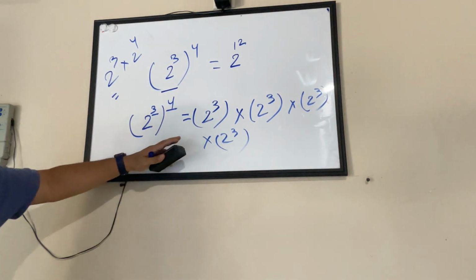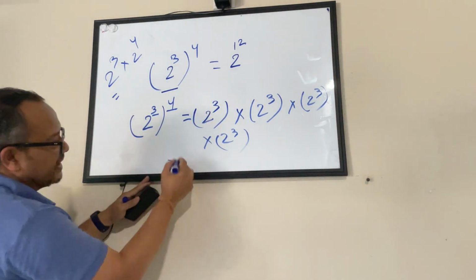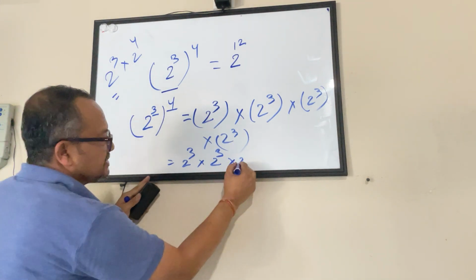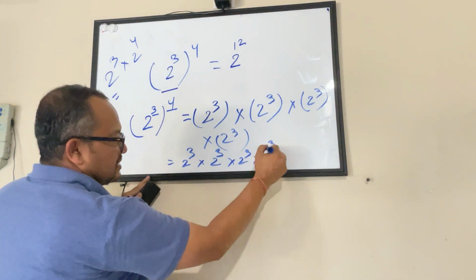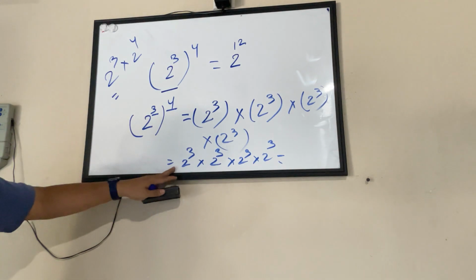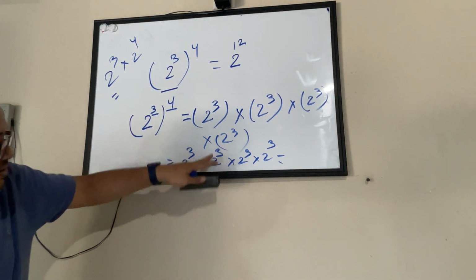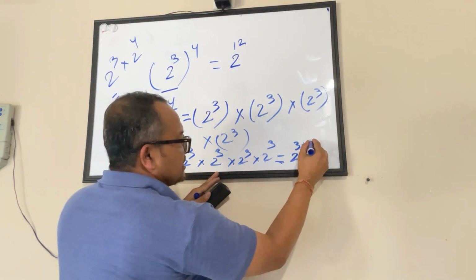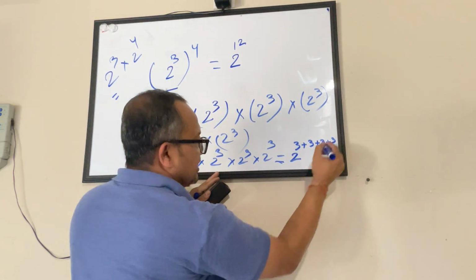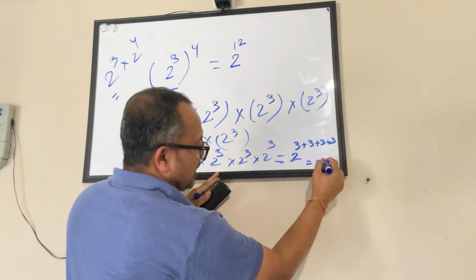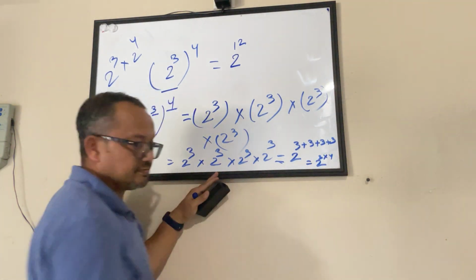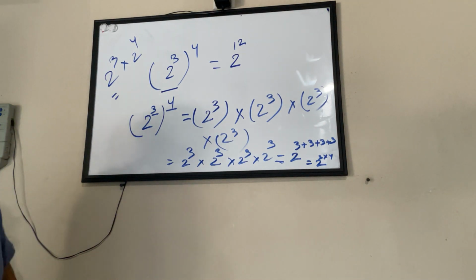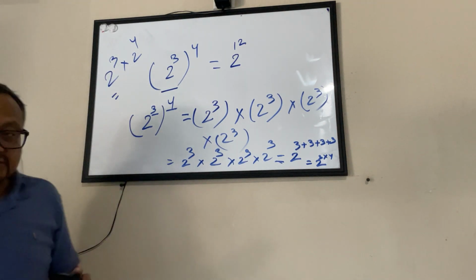That means this bracket is of no use actually, it's all the same. It ends up becoming 2 to the power 3 into 2 to the power 3 and so on, that becomes 2 to the power 3 plus 3 plus 3 plus 3, or you can say 2 to the power 3 into 4. So this is the calculation part of it.